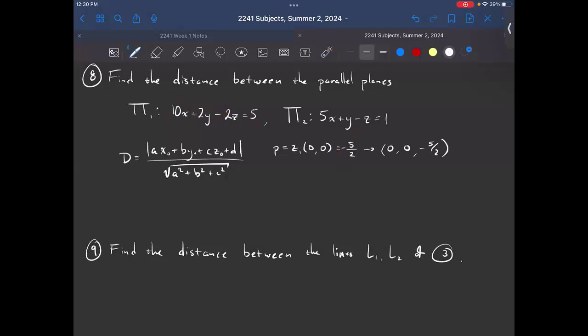Now, this is our sample point, x0, y0, z0. So that goes in there. Next, we need our normal vector, A, B, C, and D, for the plane that we're looking at, for the plane with our normal vector.